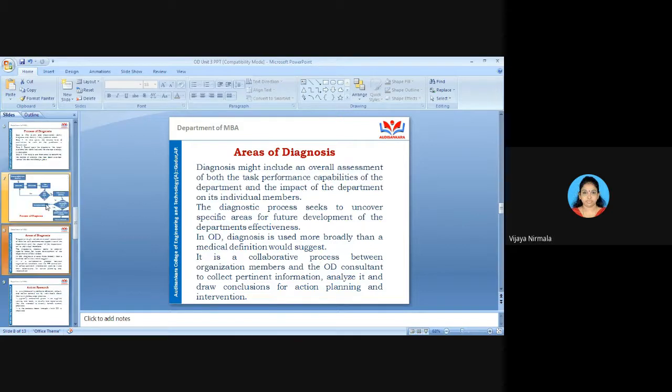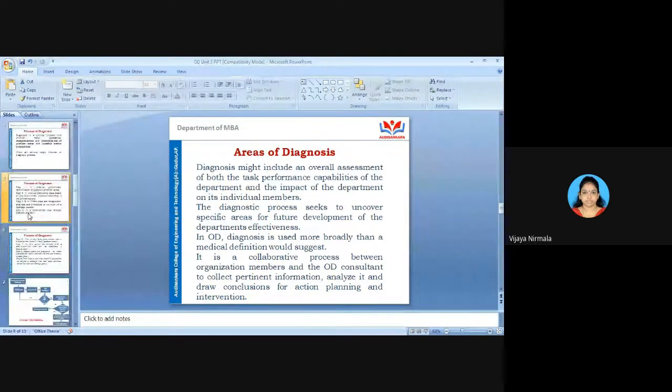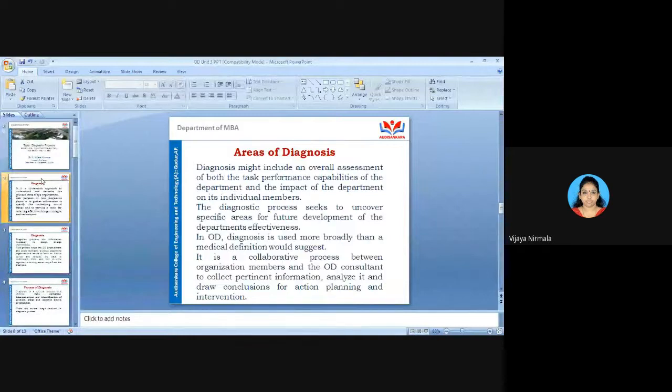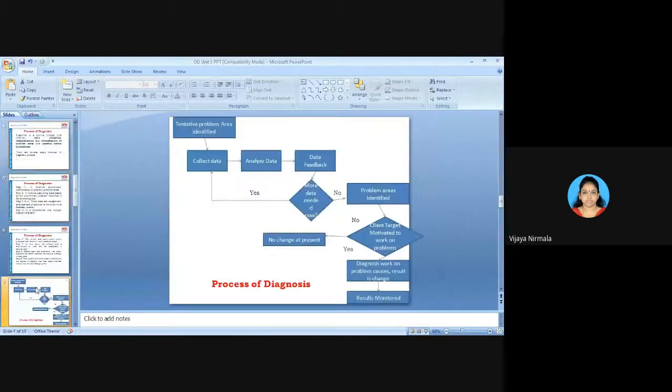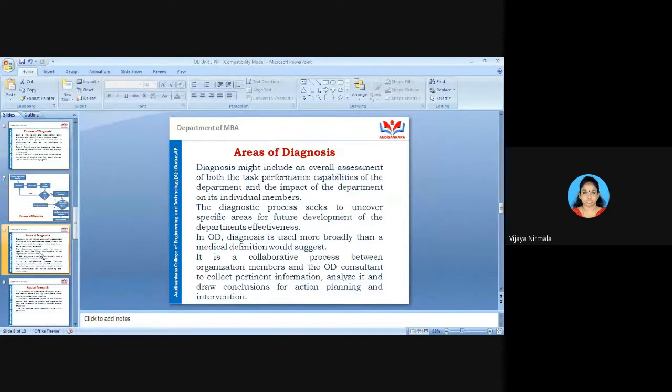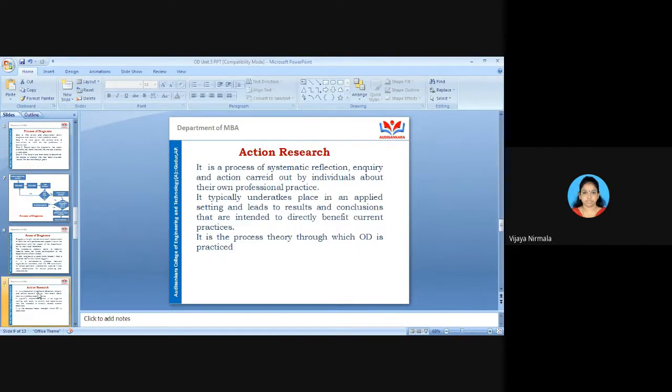Okay, so now in this session, you came to know what is diagnosis, what is the process of diagnosis, and what are the various areas of diagnosis, right? And let us move to the next topic, that is action research. So this is there in your third unit.